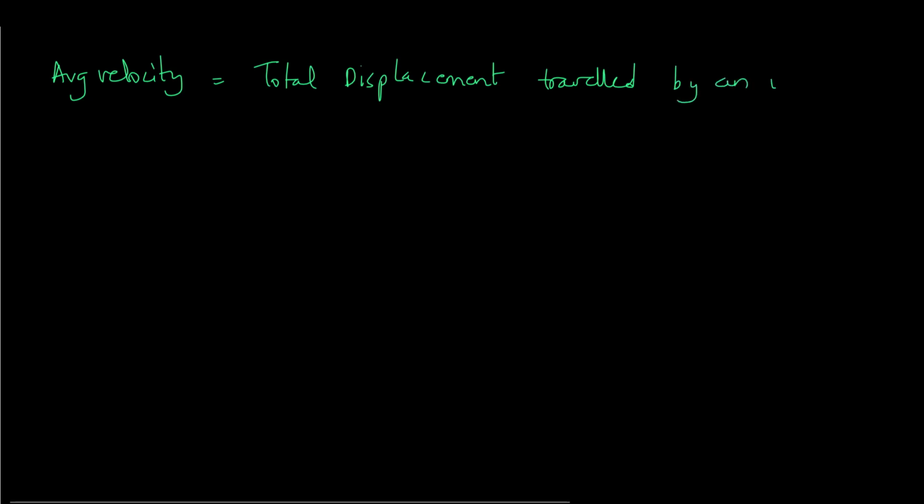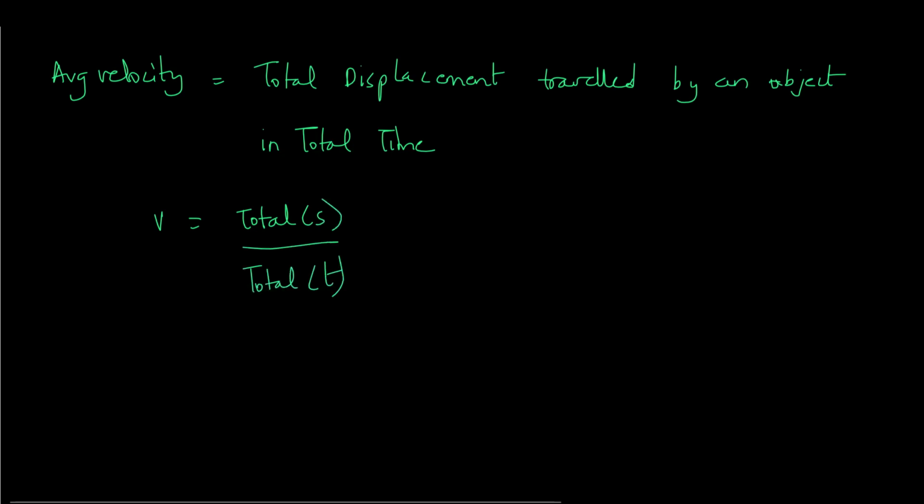Next is about average velocity. It is the total displacement traveled by an object in total time. So average velocity is again V, and total displacement, total S upon total T. The units will be again the same.